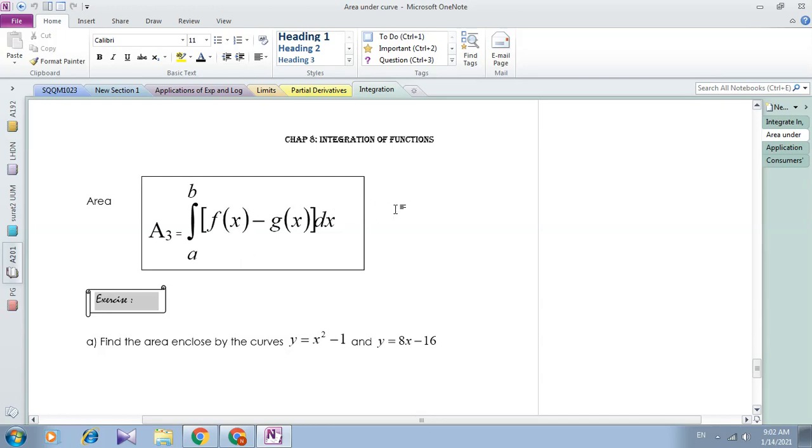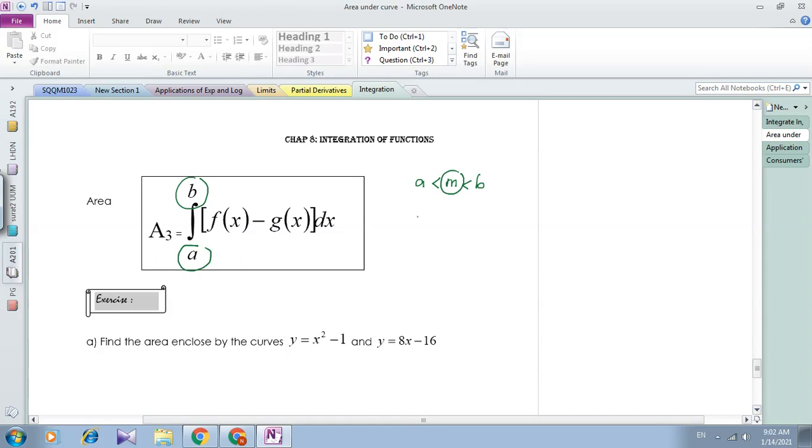You simply take the lower limit and the upper limit, and choose a value that is located between them. Let's say it's m.